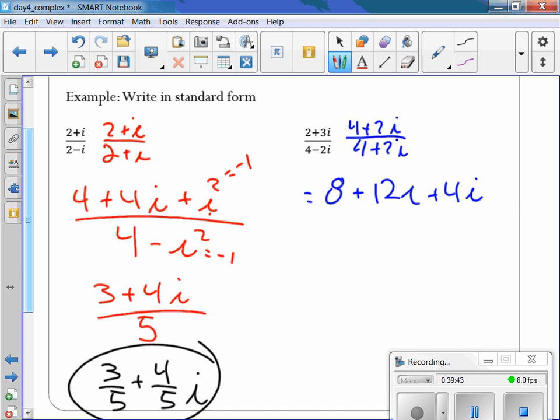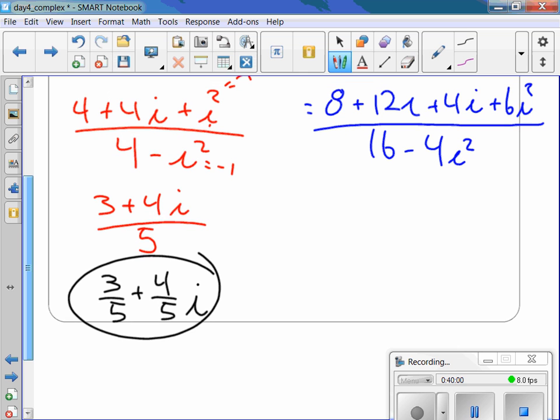And after doing all the simplifying in the top, my 8 and my 6i squared just becomes a negative 6, giving us 8 minus 6, or just 2. And my denominator, 20.